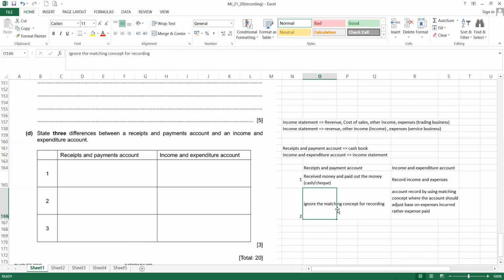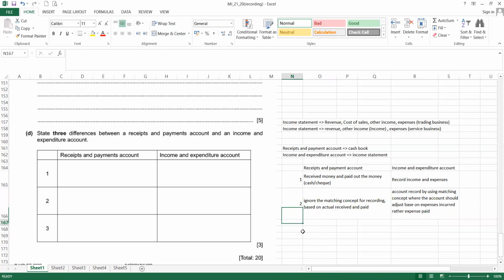So this one is based on the actual receipt. Based on actual receipt and paid. Okay, so this is for number 2.